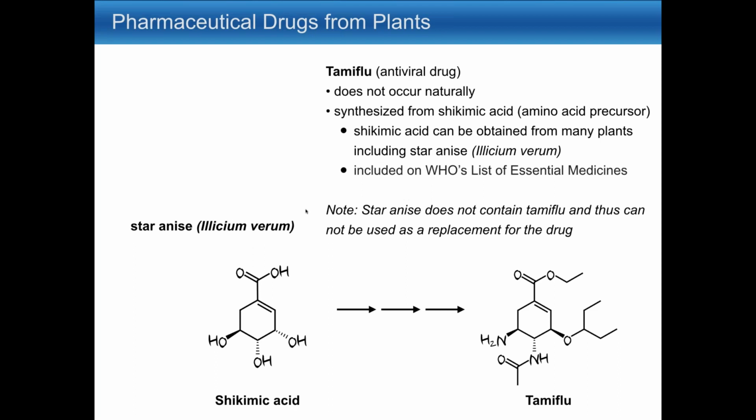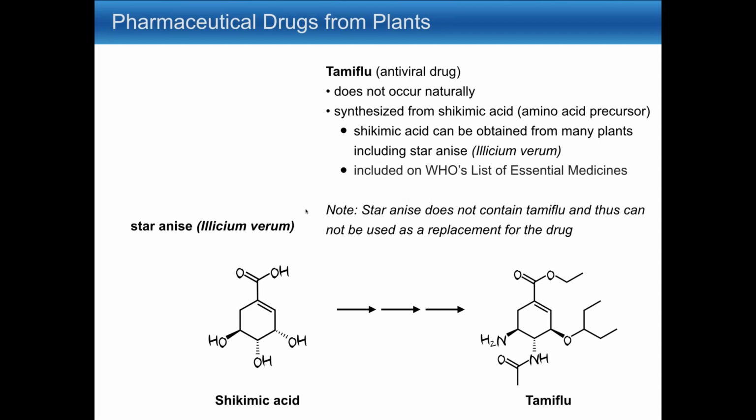So again, I want to emphasize that star anise does not contain Tamiflu. That's like a good exam question, but herbs can be used as precursors to make drugs that don't normally exist in nature. Now, the other thing that's important to say is just because Tamiflu is made from star anise does not mean that star anise has similar or comparable antiviral properties.